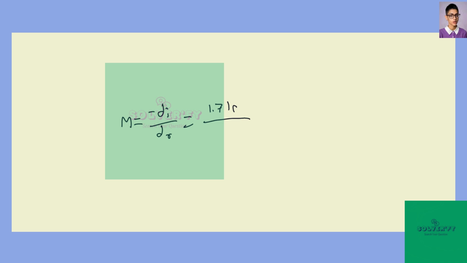So 1.71r minus r. The r's cancel, and the magnification is minus 2.41. So it is bigger, but it is inverted.